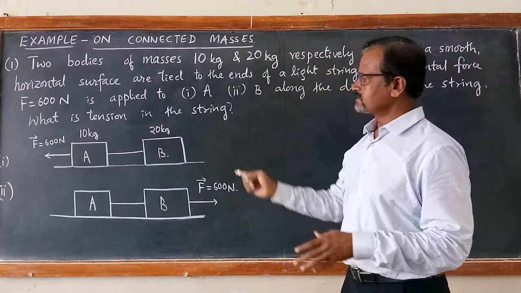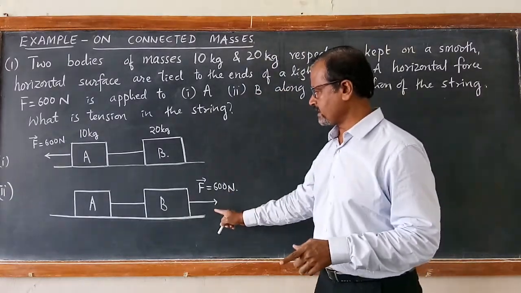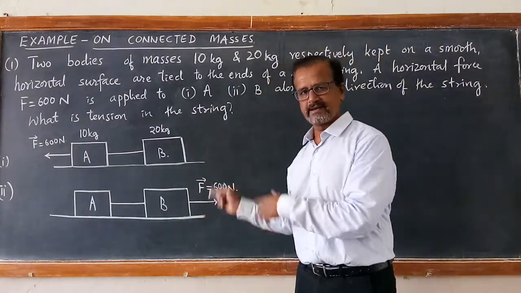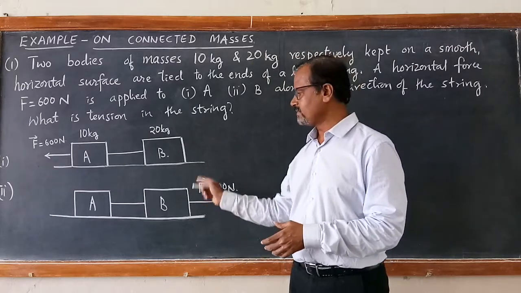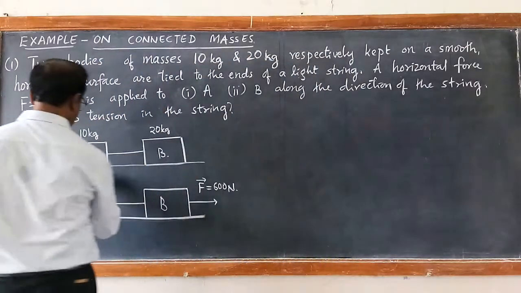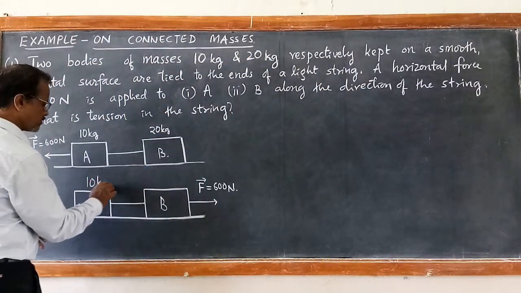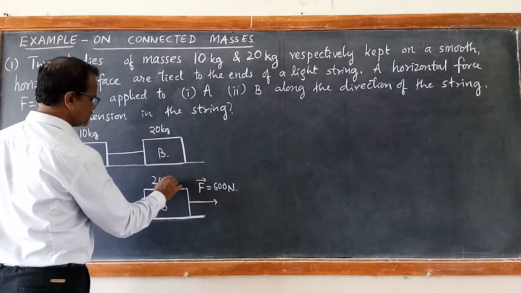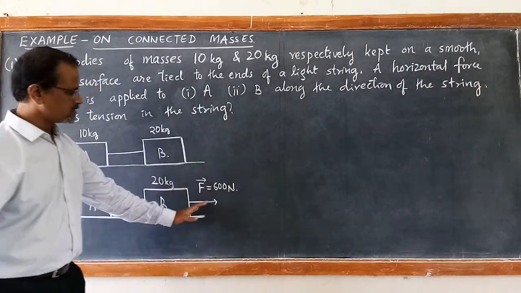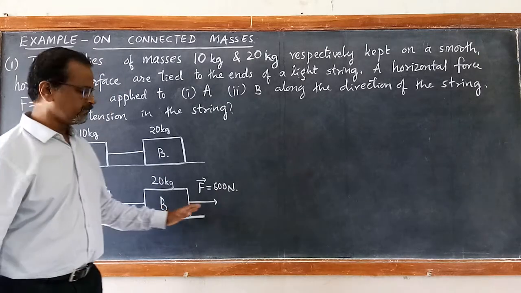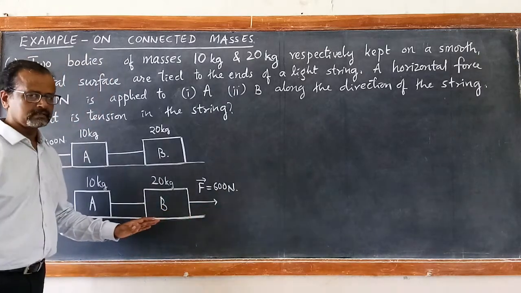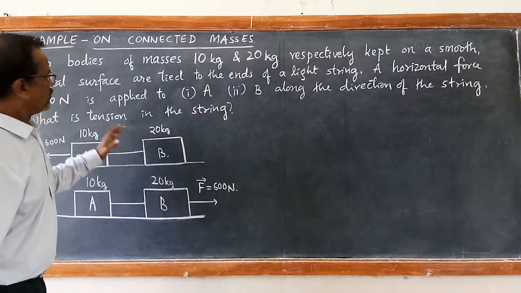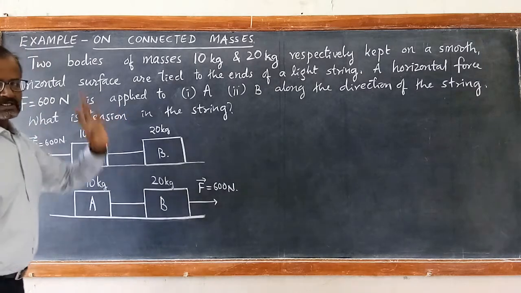In the second case, the same 600 Newton is applied to the end B for the same connected masses A and B of 10 kg and 20 kg. If the force is now applied at the end of B along the direction of the string, then what is the tension in the string?